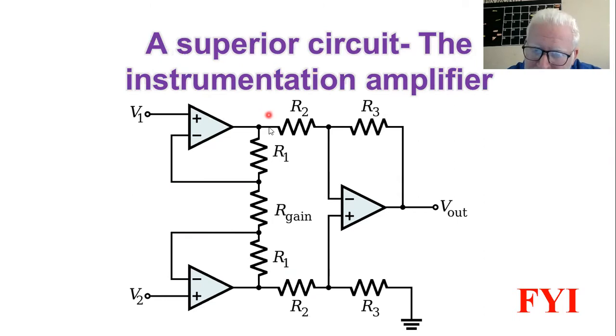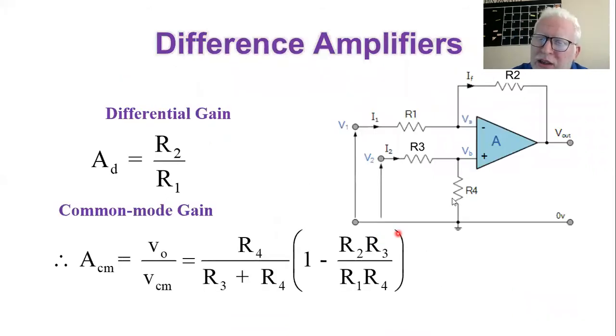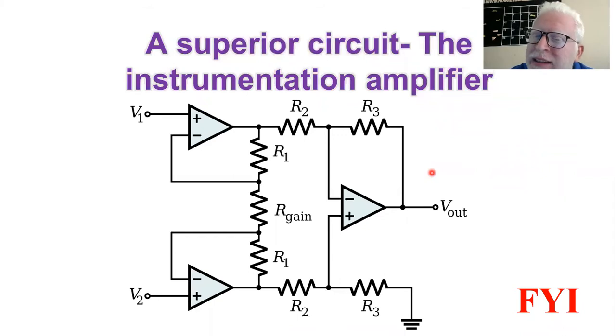If you cut the circuit here and look at this right-hand portion, you will find that it is typically the same as this one. But what we have made now is that we introduce a buffer, or a voltage follower, in between the input stage and the differential amplifier stage.